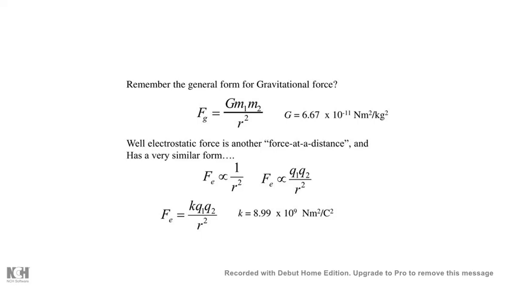Gravitational constant G equals 6.67, M1 and M2. So if you've got two protons coming together, their two masses combined multiplied by the gravitational force divided by the distance between the two of them squared.